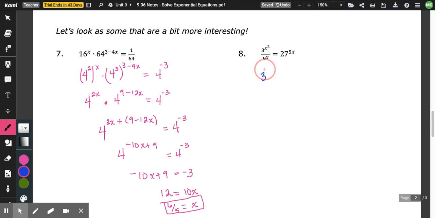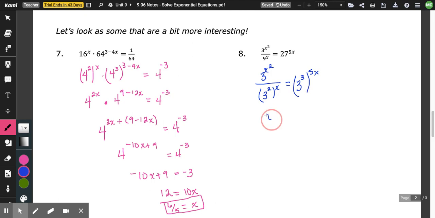So that top one, the numerator there, is already just a 3, so I'm going to leave that one alone. 9 is 3 squared, so I'll rewrite that as 3 squared, and then I still have its x. And then 27 is 3 cubed, so that would be 3 to the third power, and then of course the 5x that was already there.